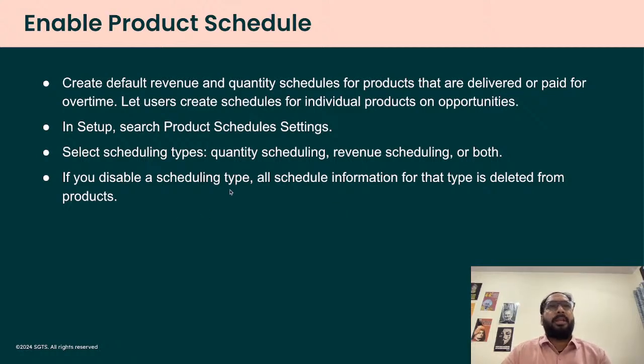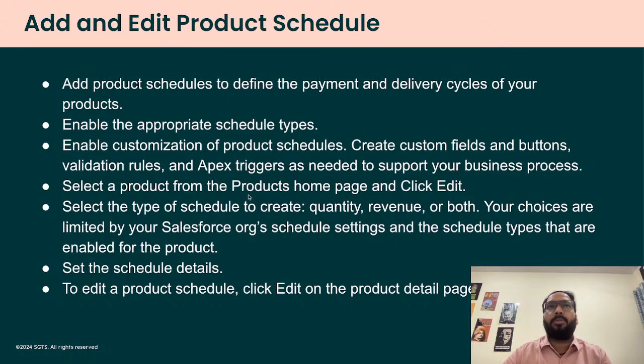So this was about enabling. Now next is how to add and edit product schedules. You can add product schedules to define the payment and delivery cycles of your product. Enable the appropriate schedule type. You can enable customization of product schedules, like creating custom fields and buttons, validation rules or Apex triggers as needed to support your business process.